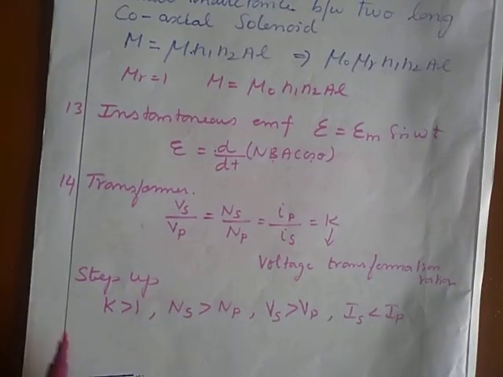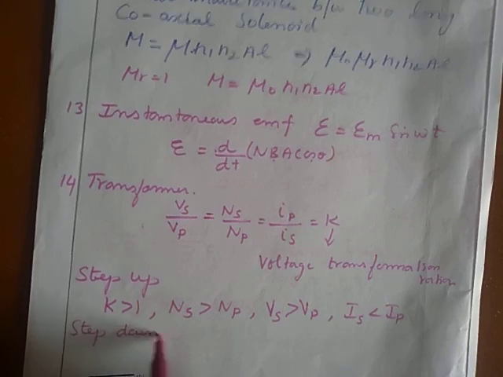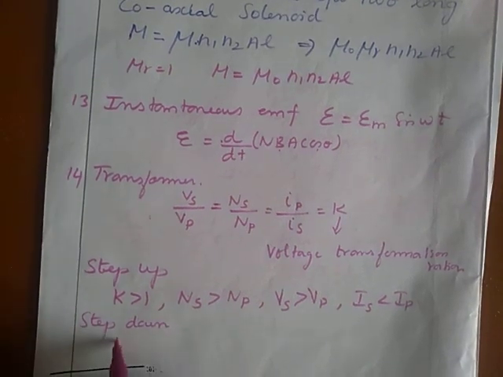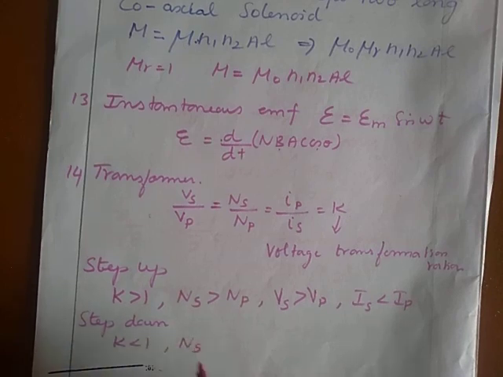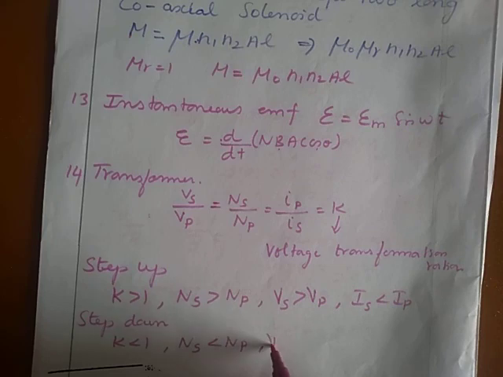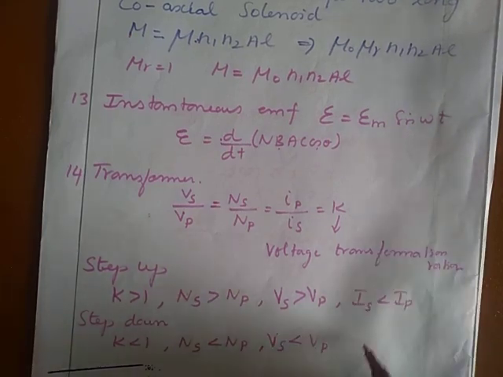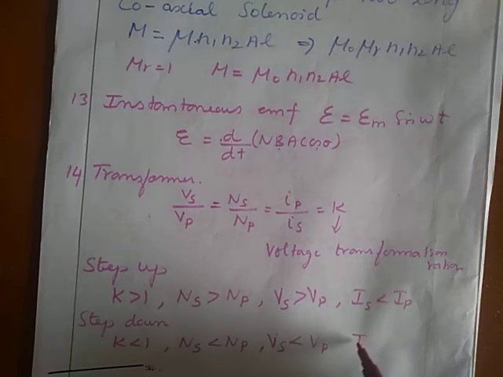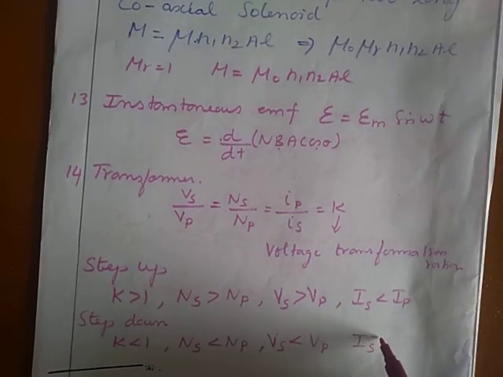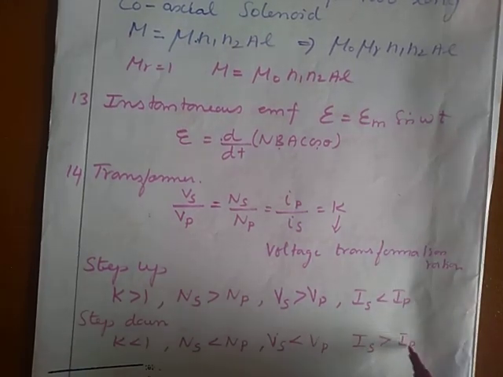Okay, then next, step down transformer. For this case, K is less than 1 and the number of turns in the secondary coil is less than the number of turns in the primary coil. The voltage across the secondary coil is also less than across the primary coil, but the current in the secondary coil is greater than the current in the primary coil.